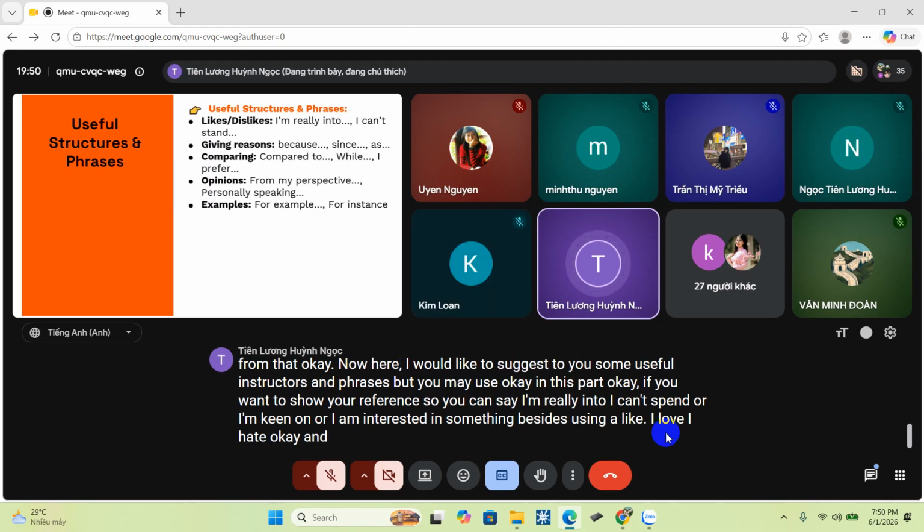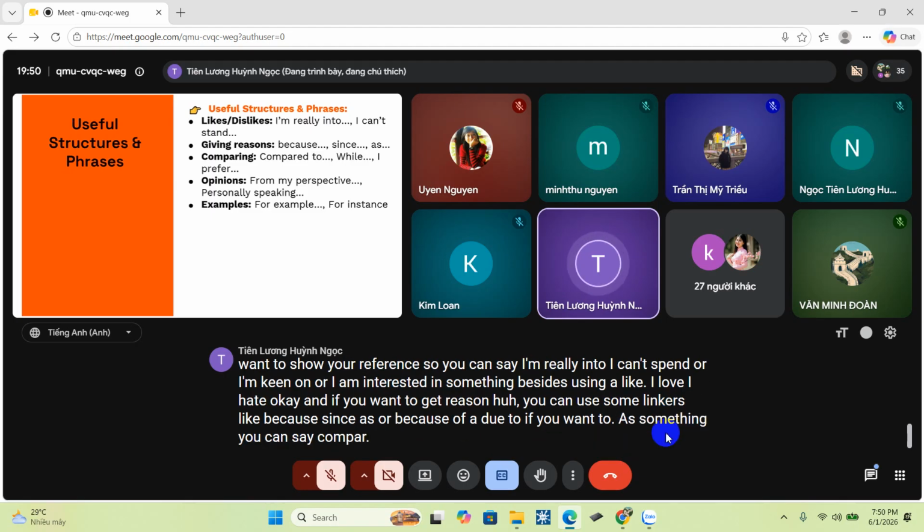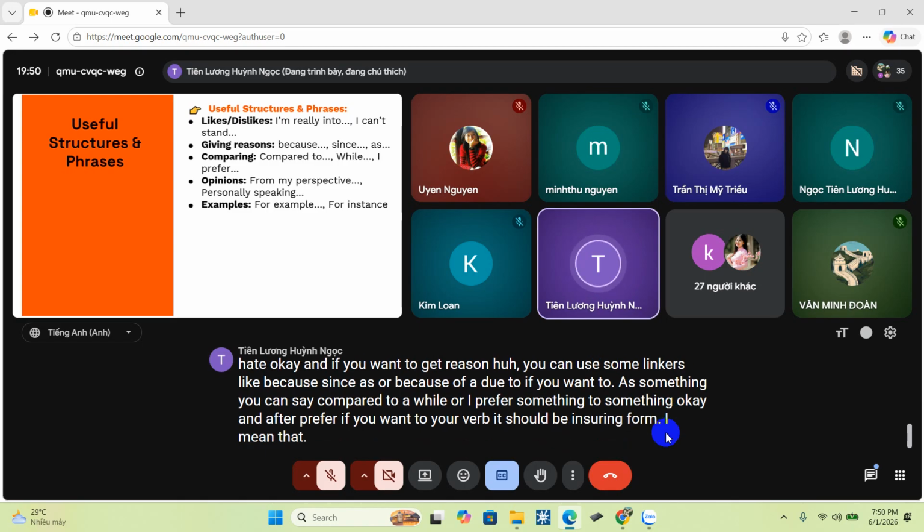If you want to give a reason, you can use linkers like because, since, as, because of, or due to. If you want to compare something, you can say compared to, while, or I prefer something to something. After prefer, if you want to use a verb, it should be in gerund form. I mean that you need to use a verb plus ing.